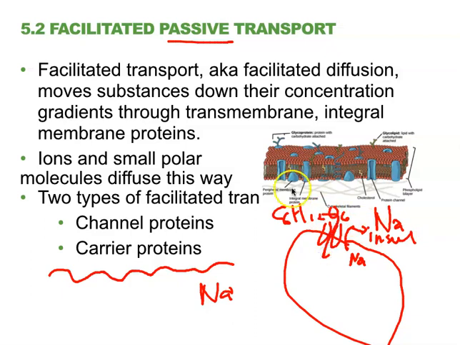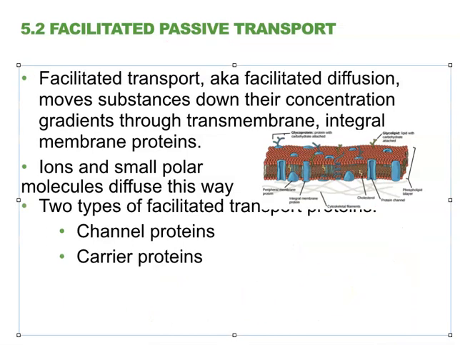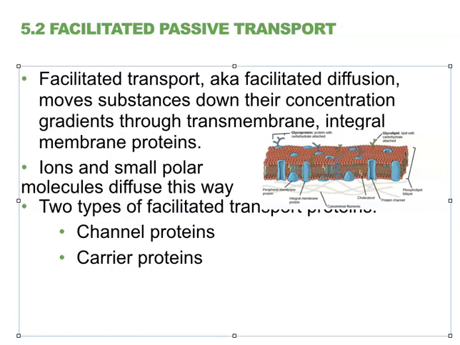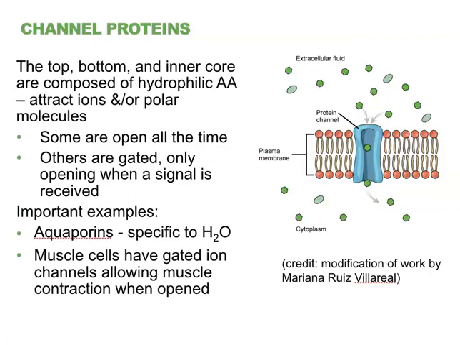No energy required because the concentration of glucose outside of the cell is always higher than the concentration of glucose inside of the cell because you're constantly breaking it down. Okay. So, now, how do channel proteins actually work?